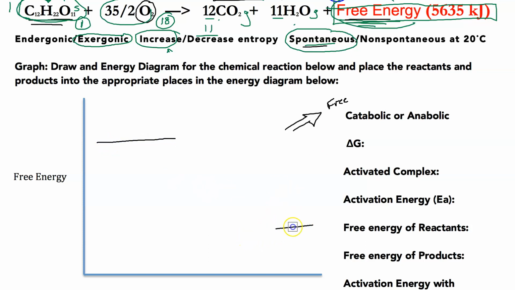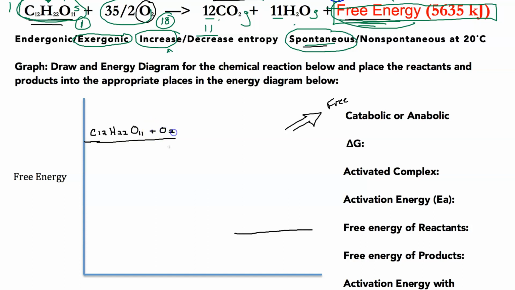I'm being OCD here, and I don't like how that line is kind of going up, but I'm going to do my best to draw a straight line. In any case, what does this represent? Well, this is C12H22O11. That's the energy of that fructose, or probably sucrose, who cares, plus all the oxygens.